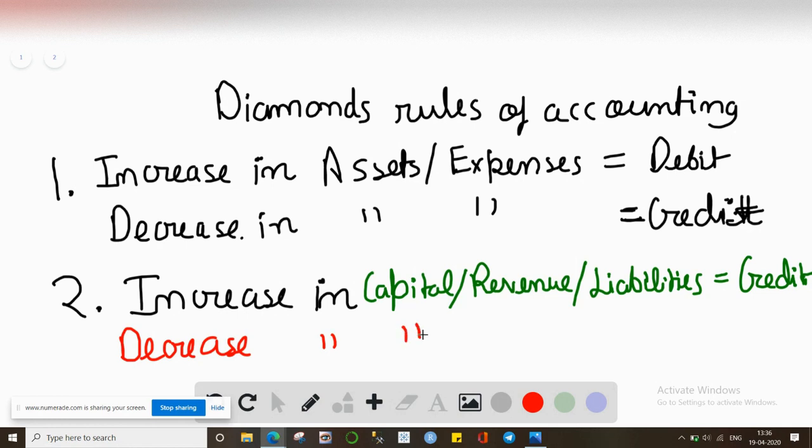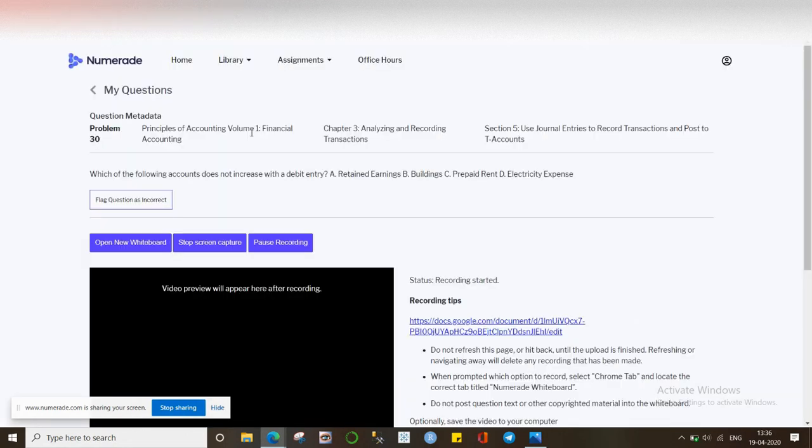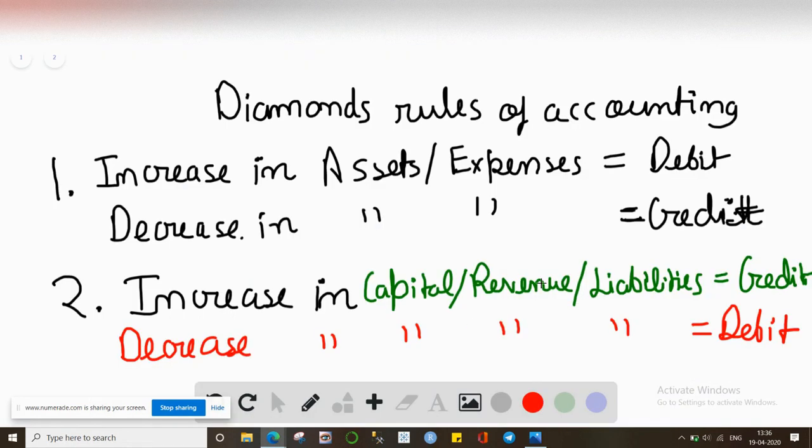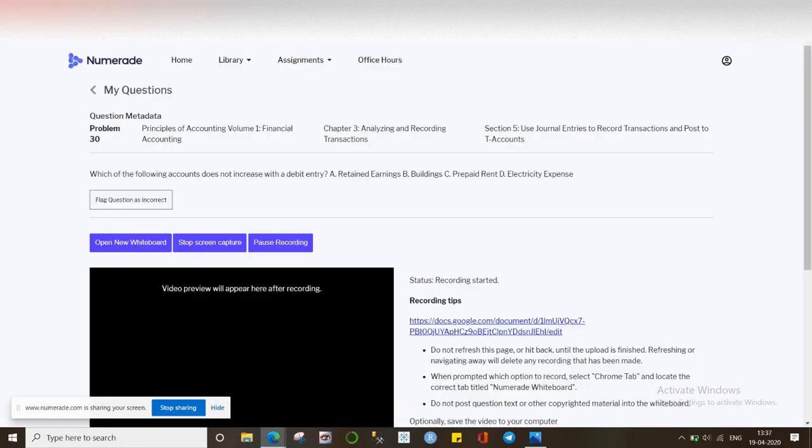Decrease in capital, revenue, liabilities will be a debit to that amount. So these are the diamond rules for the five types of accounts, whenever there is an increase or decrease in the amounts.